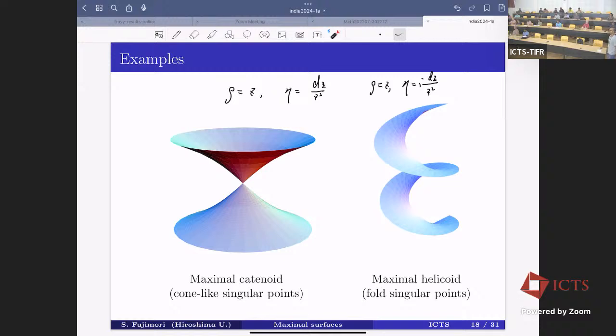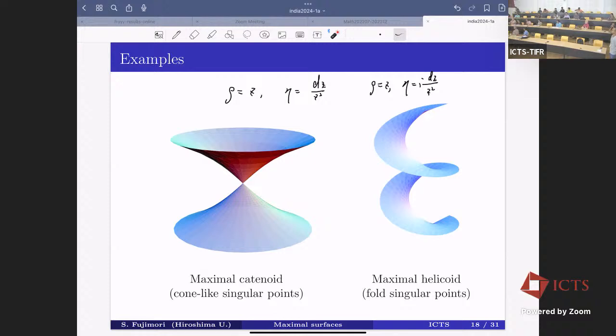But when we take the conjugate, the singular set is not compact anymore, so this is not complete. So in the minimal surface case, if this is complete, then this is also complete. But in the maximal surface case, completeness is not invariant.